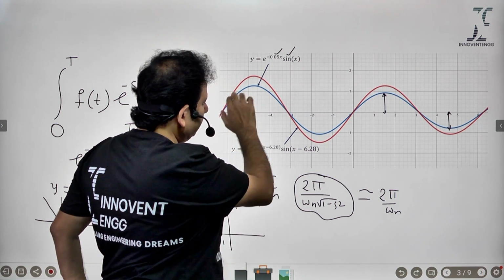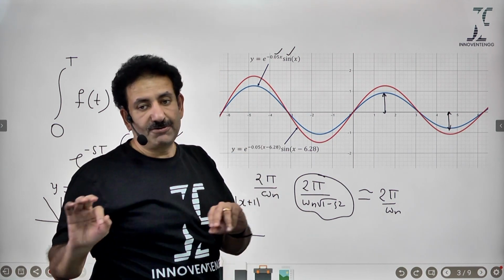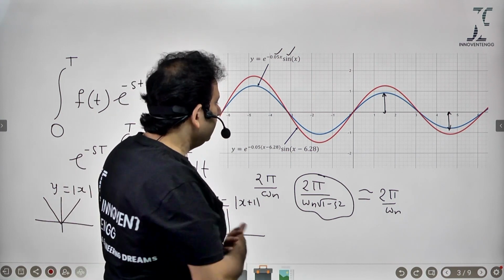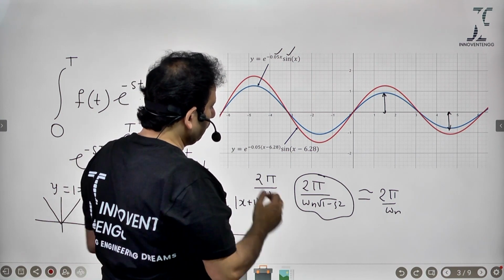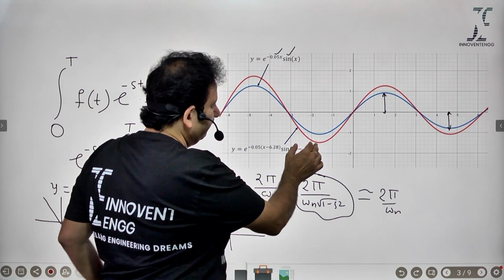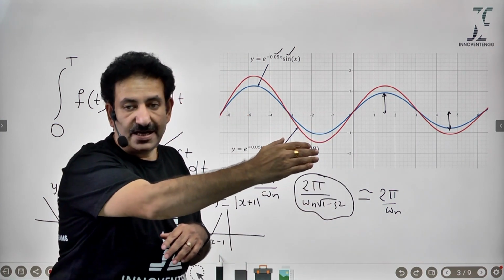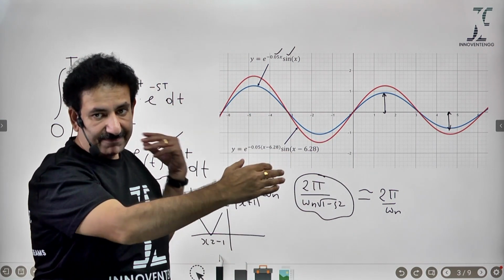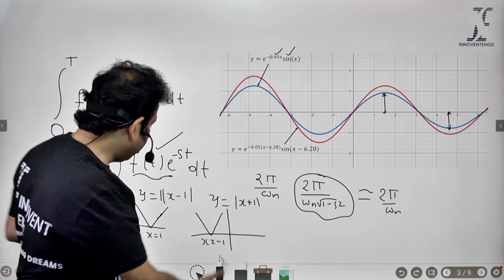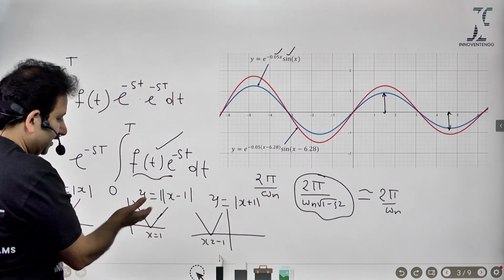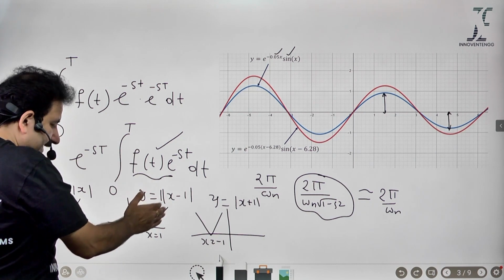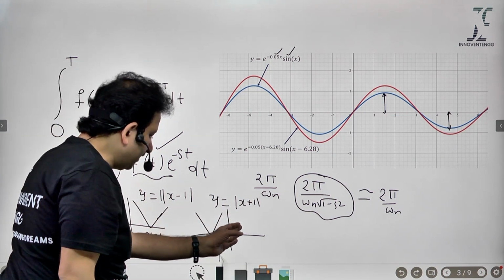Look at this damped sine wave. I would call this damped sine wave. What is happening here is, the moment I subtract, whether it should shift forward or backward, or right or left, it should shift right. Now it is very clear. Whenever you are subtracting, it should shift right, and whenever you are adding, it should shift left.